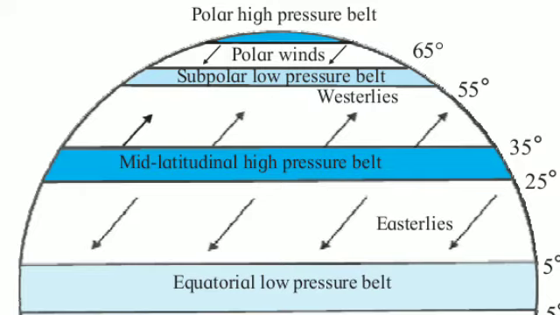We can see over here that the pressure is low and the temperature is high, and all the air has been thrown out. So in both the hemispheres, student, look at this diagram. Can you see over here, subpolar low pressure belt in the north and subpolar low pressure belt in the south.